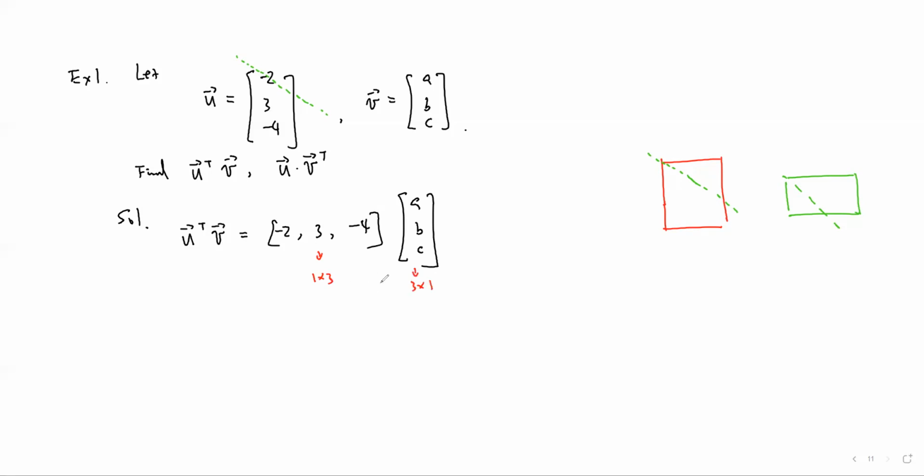Cancel the middle 3, so the answer is a 1 by 1 matrix. By the row-column formula, the entry is -2 times A plus 3 times B minus 4 times C. So it is a 1 by 1 matrix.